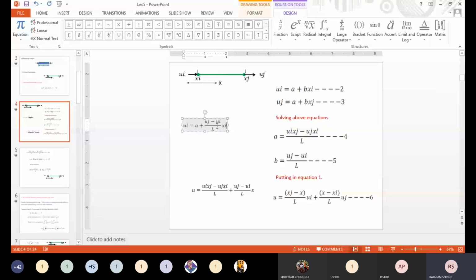Now you take this on this side, it becomes now. Can you solve this one yourself?